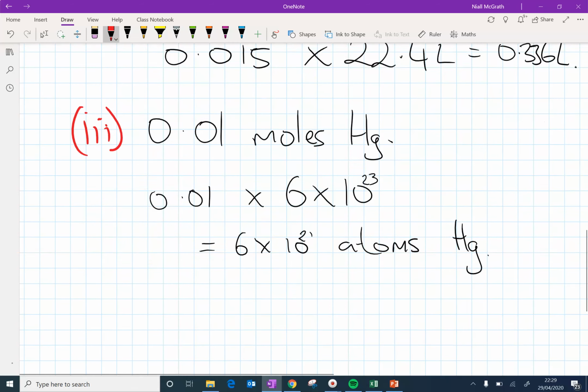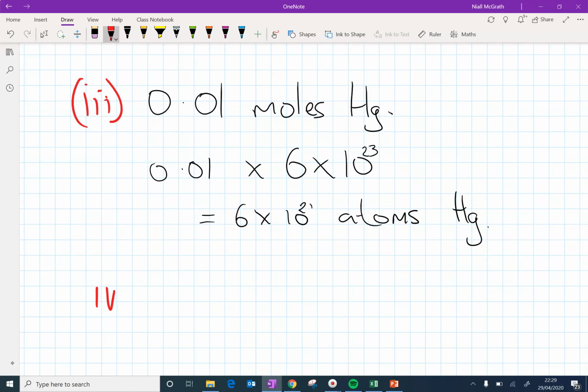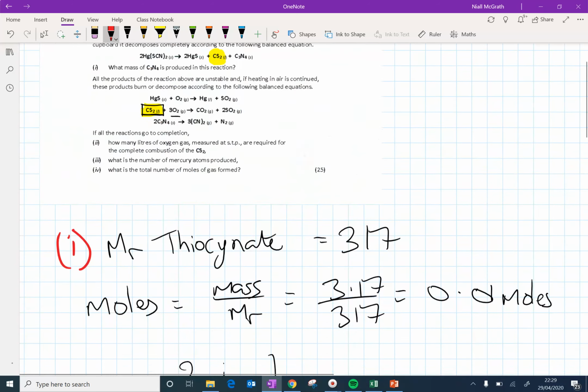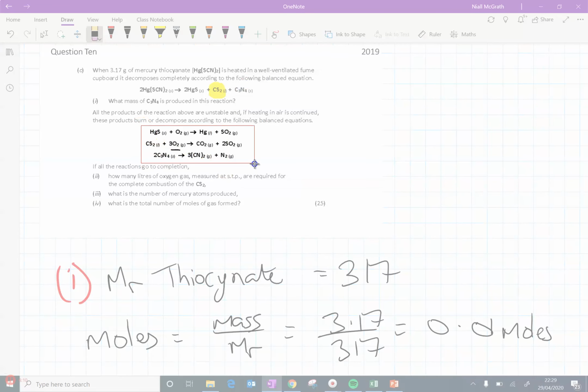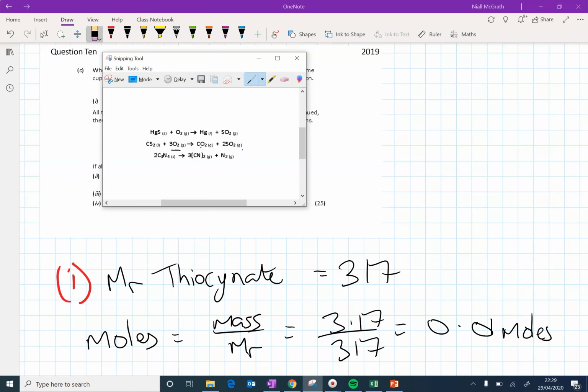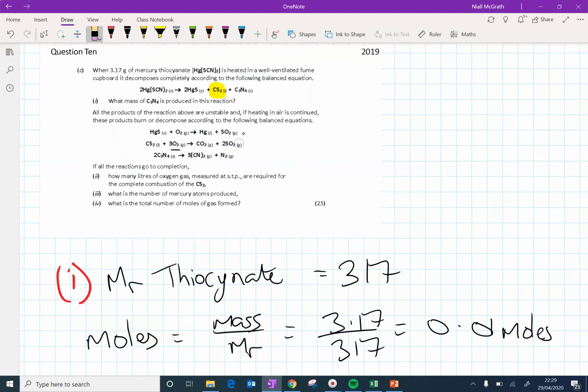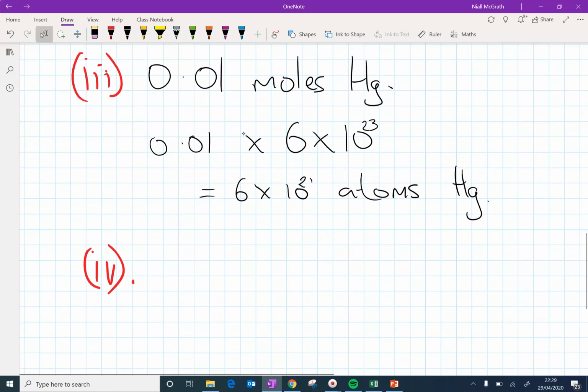Now, part 4, which perhaps is the most difficult part. What is the total number of moles of gas formed? What we're going to do here is cut this out and paste it down here.